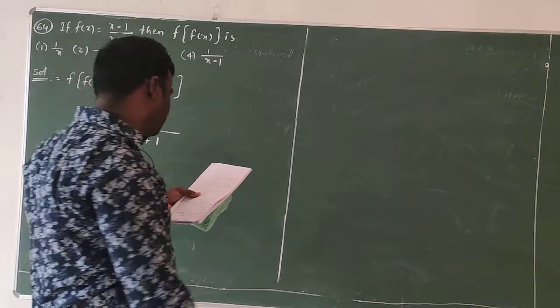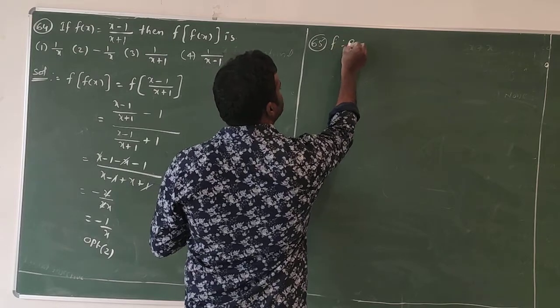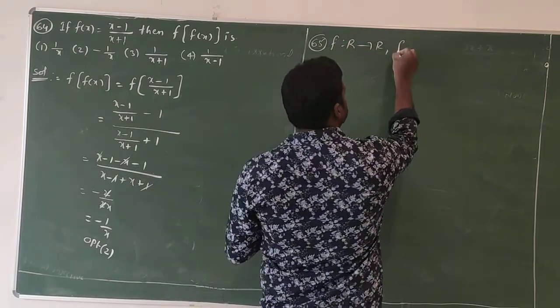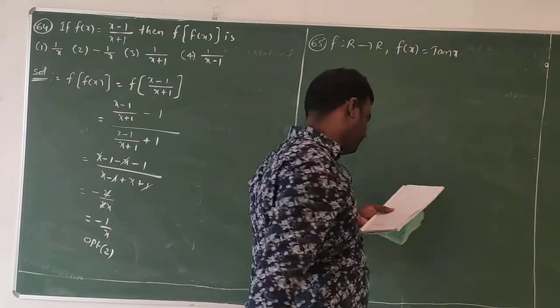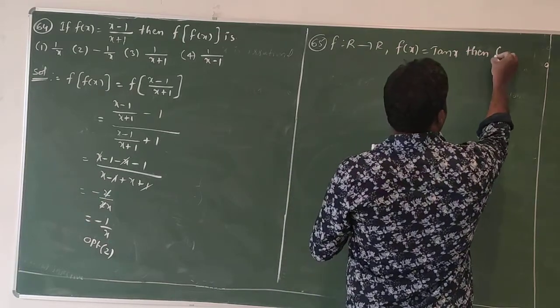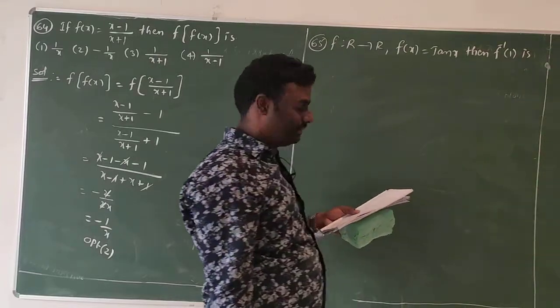Next, 65. f maps R to R is given by f of x equals tan x, then f inverse of 1, this value we need to find.